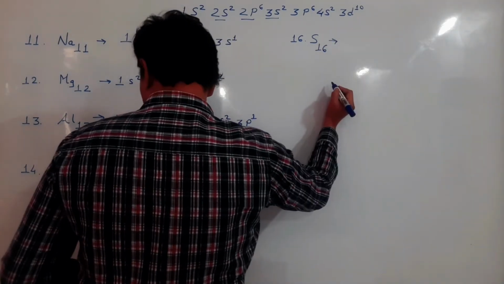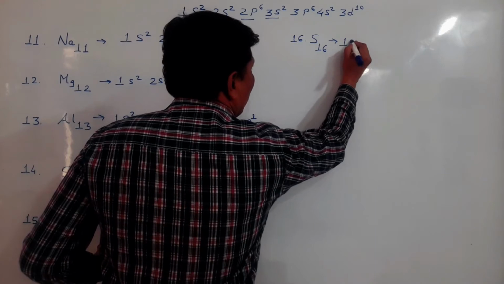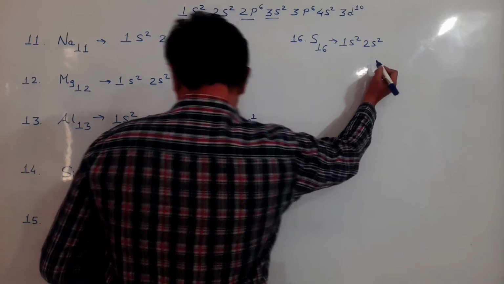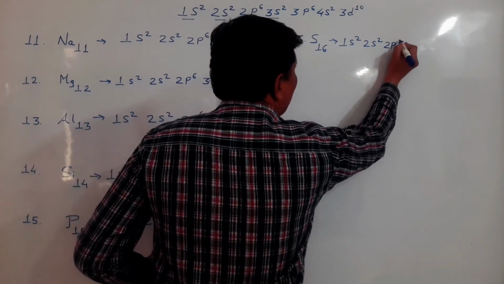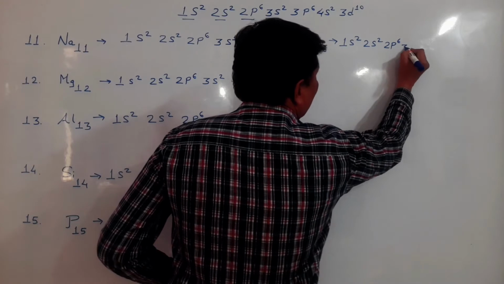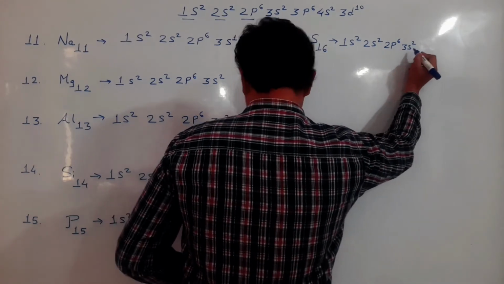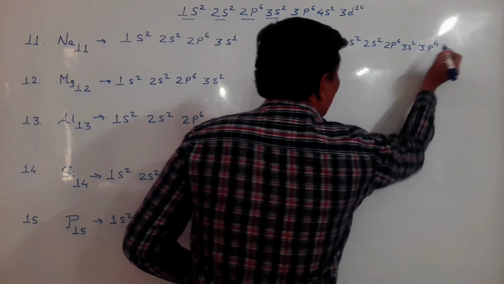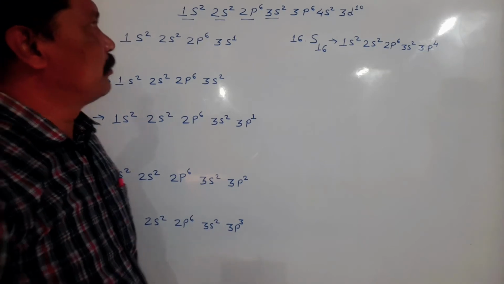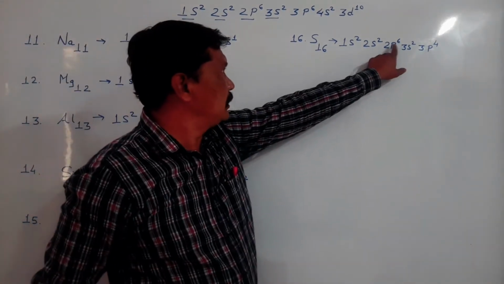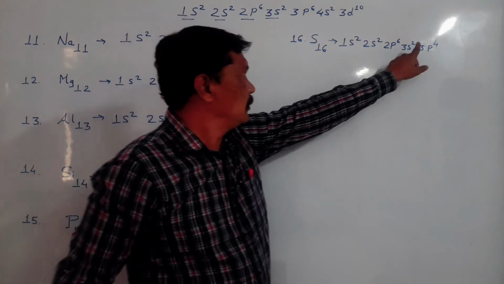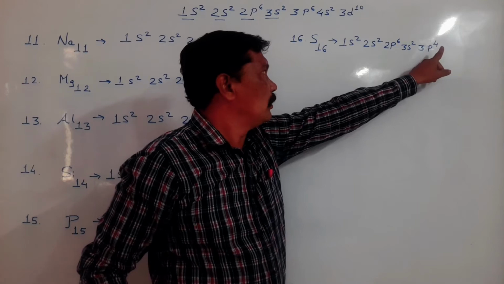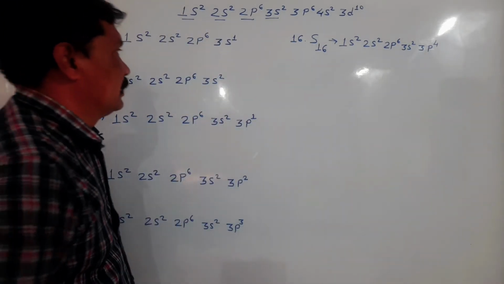Its electronic configuration will be 1s2, 2s2, 2p6, 3s2, 3p4. Let's count the number of electrons. 10 plus 2, 12, 12 plus 4, 16.